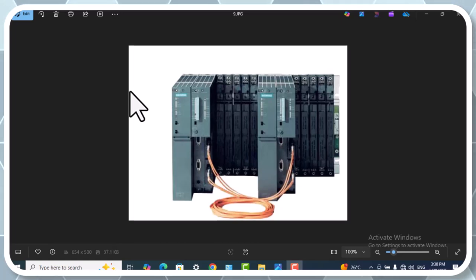The main idea is that the system uses two PLCs connected using fiber optic links, this one.